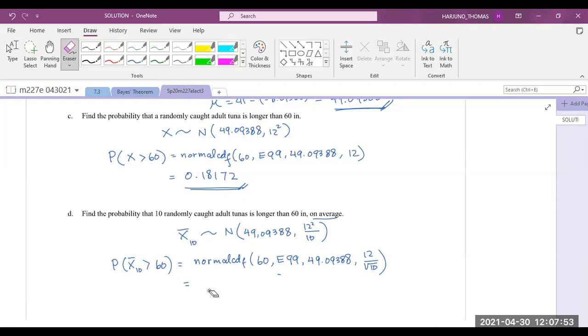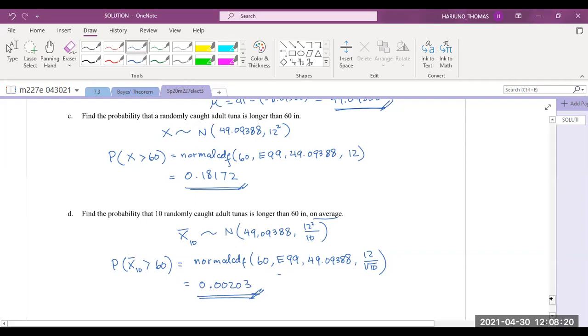The mean is 49.09388. Standard error is 12 divided by square root of 10. I'm sorry, almost got it wrong. 0.00203. That's the probability. So it's very small, but doesn't mean it's impossible.